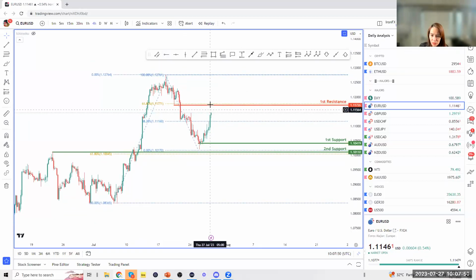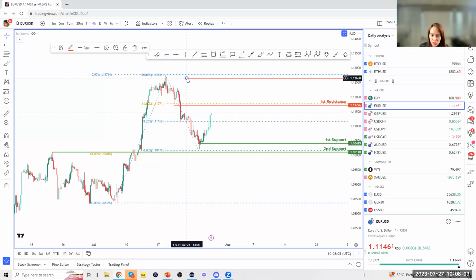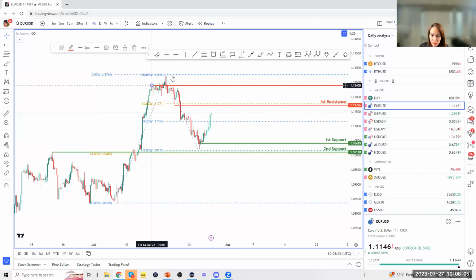I think price bounced and reacted off from this level because we have the 61.8%, and we also have hidden bearish, or a supply zone, around here. So you may consider to sell when price reaches this level.